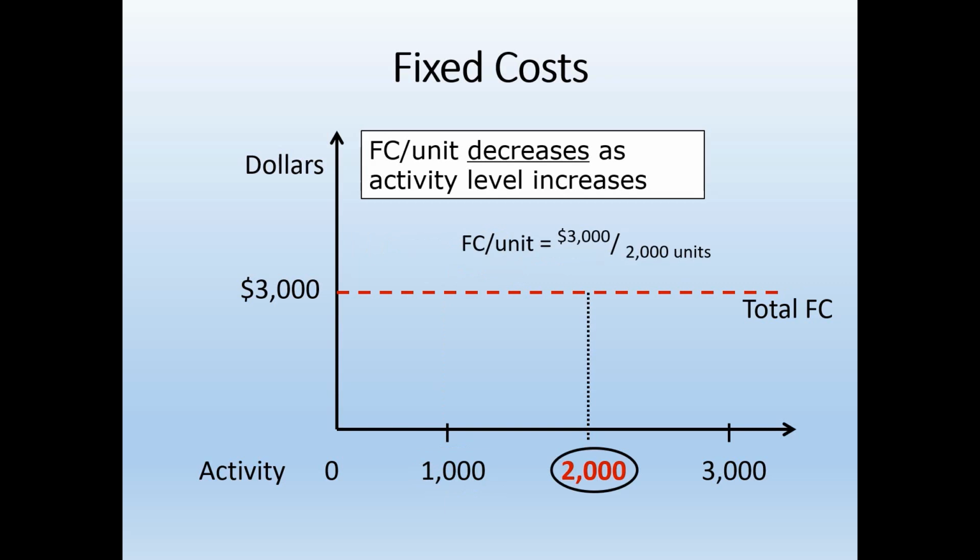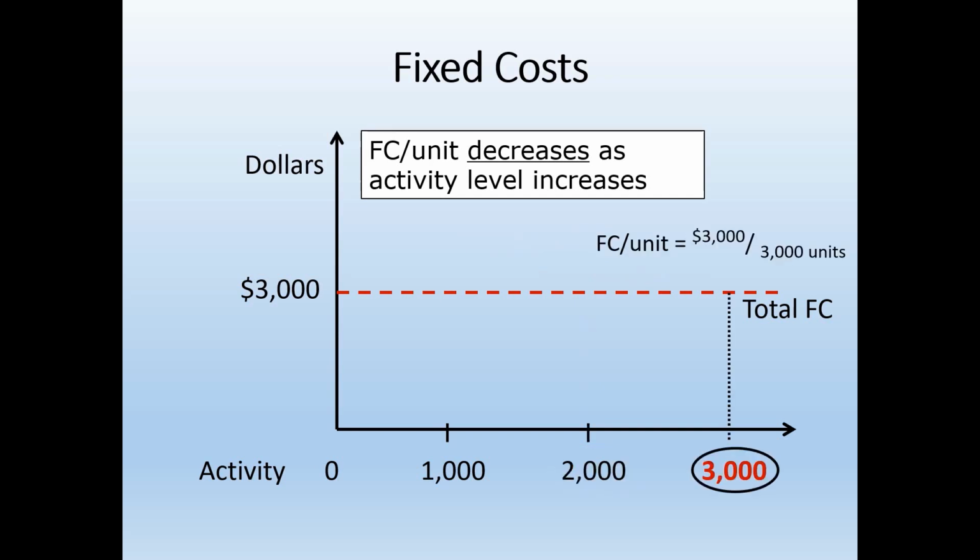But if the firm expected to make 2,000 units, it would divide the $3,000 fixed cost by 2,000 units. So each unit would carry only $1.50 of that fixed cost.